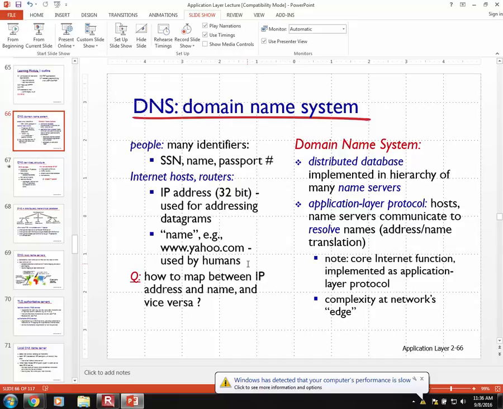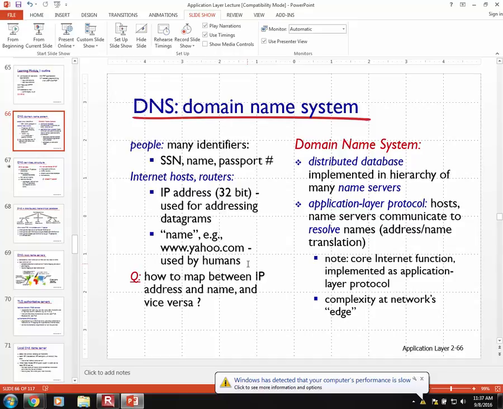We're going to focus on IPv4 addressing when talking about the domain name system. The reason for the domain name system to exist is to do that translation or mapping between human understandable host names and IP addresses.